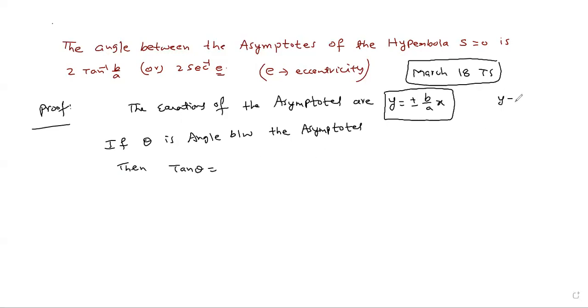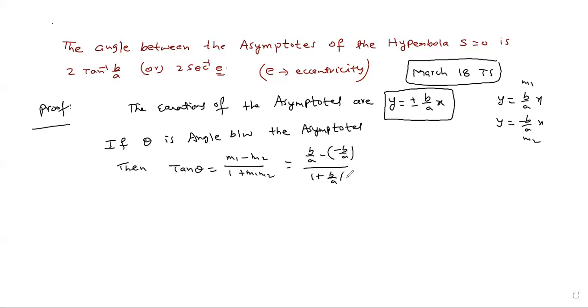So one is y equal to b by a x, another is y is equal to minus b by a x. The first slope is m1, second slope is m2. Apply the tan theta formula. What is tan theta? Modulus of m1 minus m2 by 1 plus m1 m2. Here m1 is b by a, m2 is minus b by a.